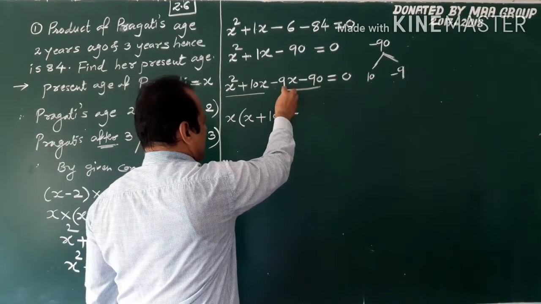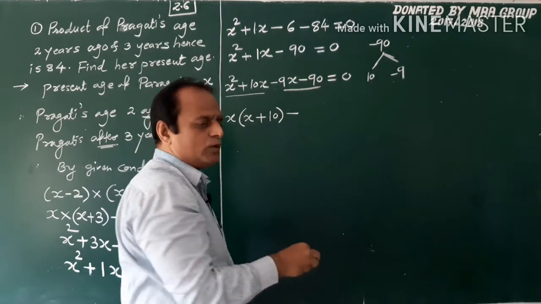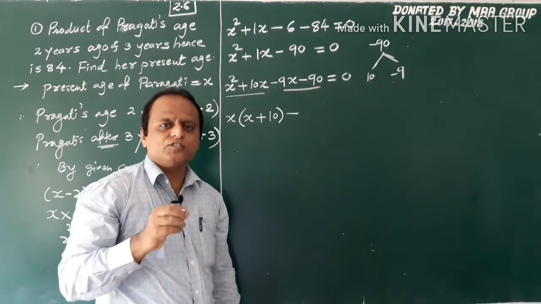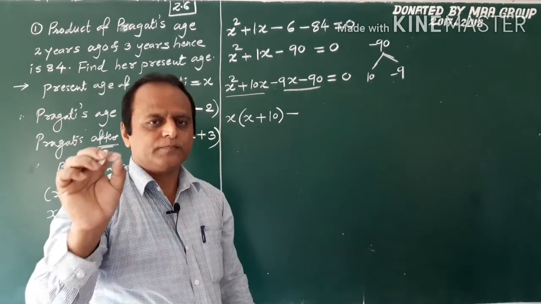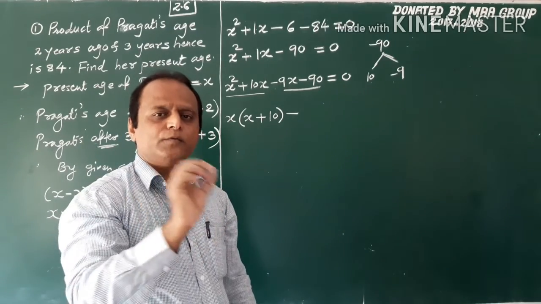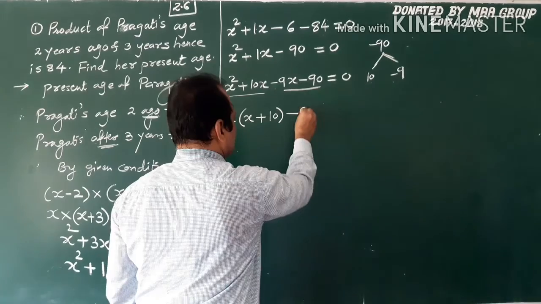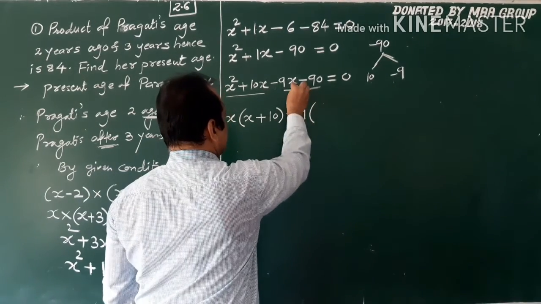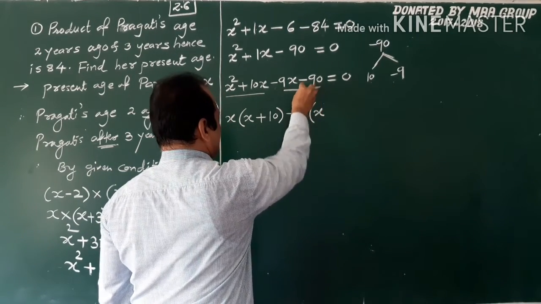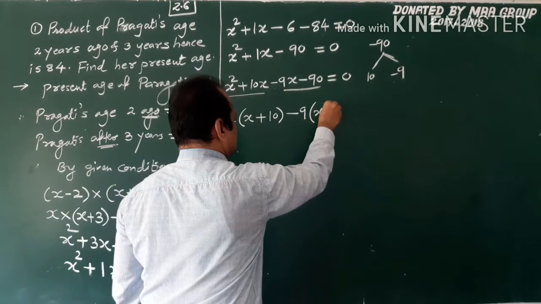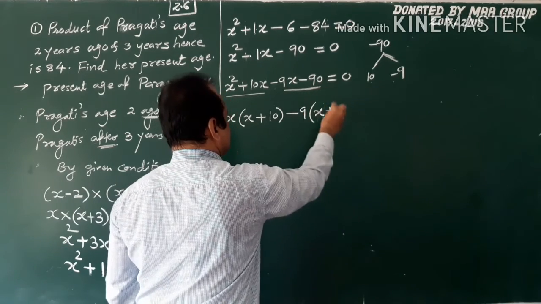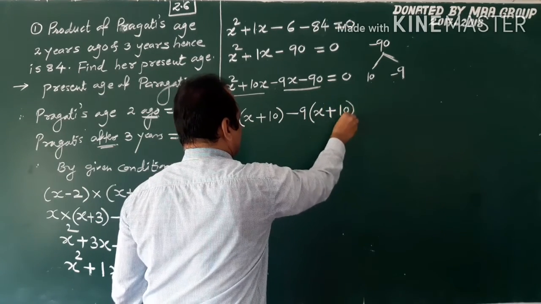Now here it is 9 and 90. We know that the factors of 90 are 10 into 9. So 9 is common in both terms. What remains here? x, and as minus is taken common, plus remains, and 9 tens are 90, so 10 will be here, is equal to 0.